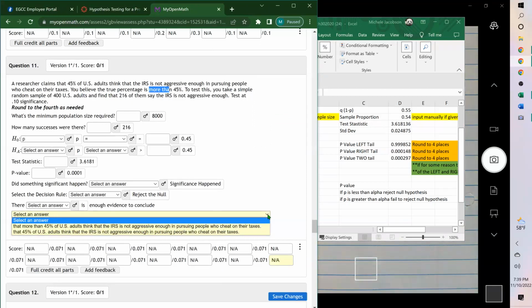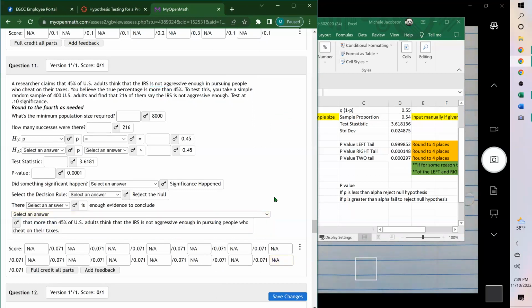And we simply just know that because in the alternate hypothesis, it's greater than. Exactly. So that part of the answer is essentially given to us when we fill in the correct information for the alternate hypothesis. Exactly.